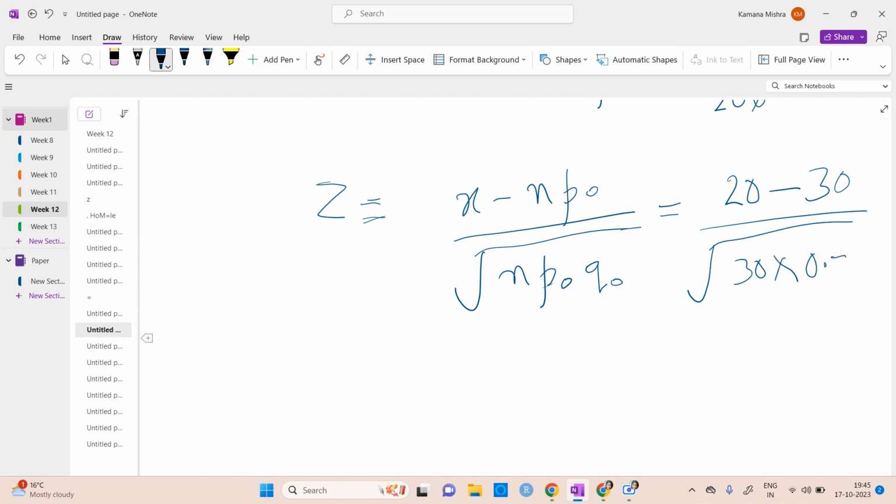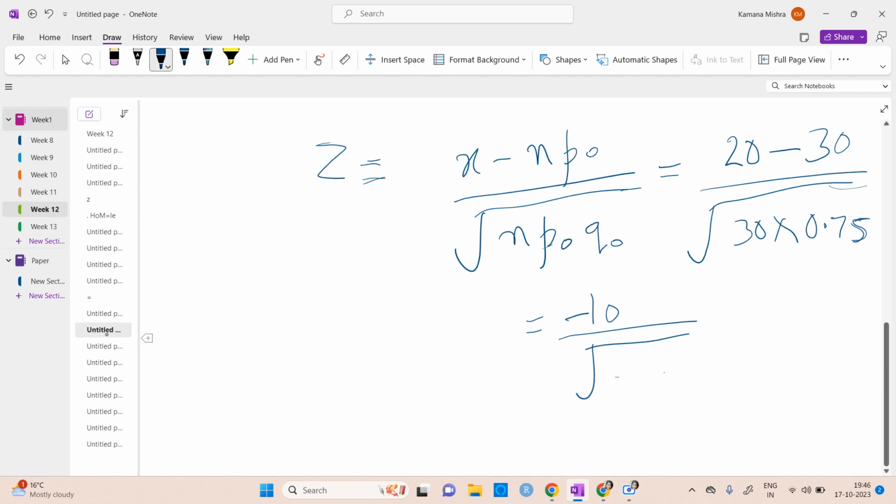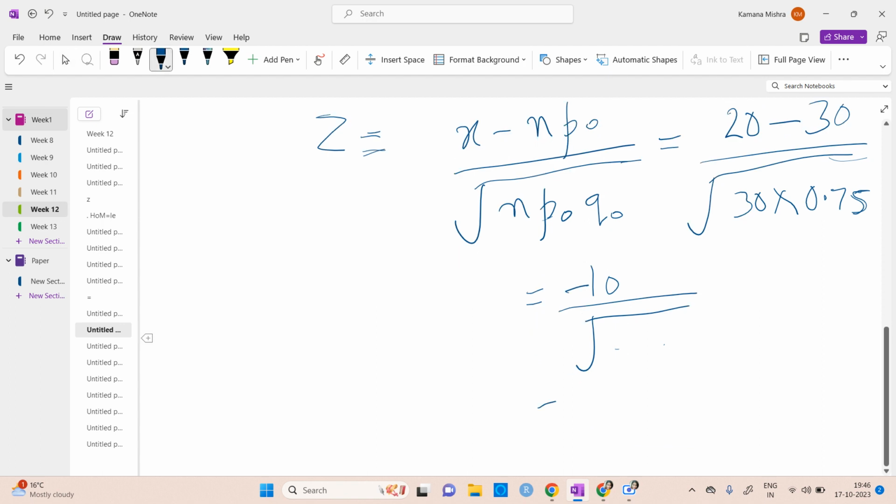So it would be 20 minus 30, which is minus 10, divided by the square root of 30 into 0.75.